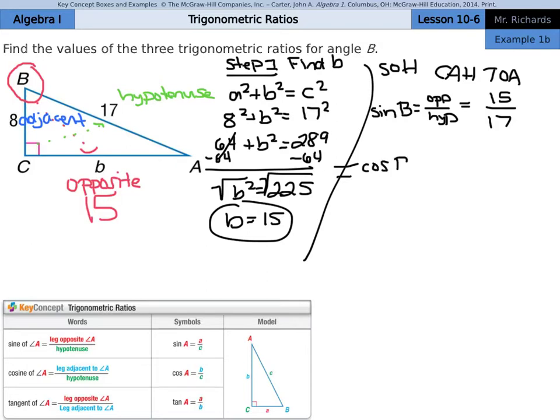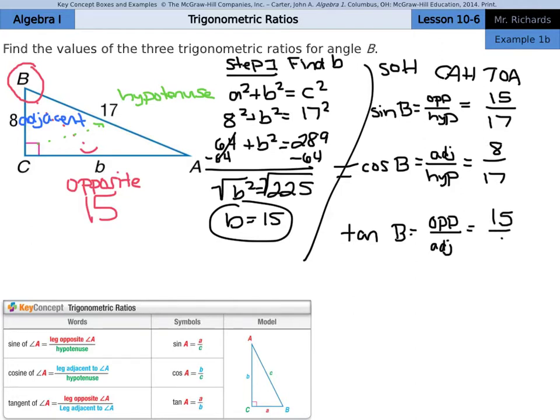Cosine of B is the adjacent over the hypotenuse. The adjacent side is 8. The hypotenuse is 17. And lastly, we have tangent of B. That's opposite over adjacent. The opposite side is 15, and the adjacent is 8. So those are the values of the 3 trigonometric ratios for angle B.